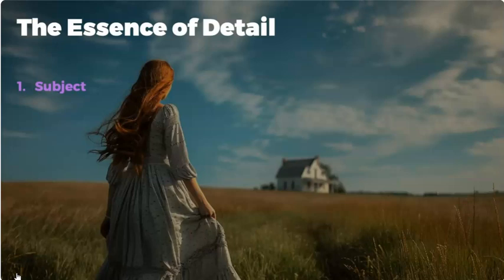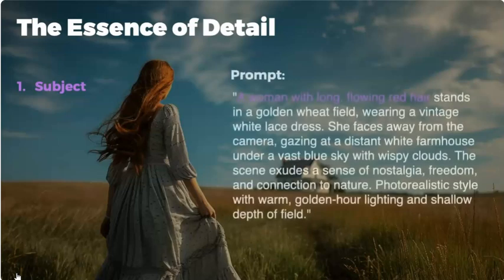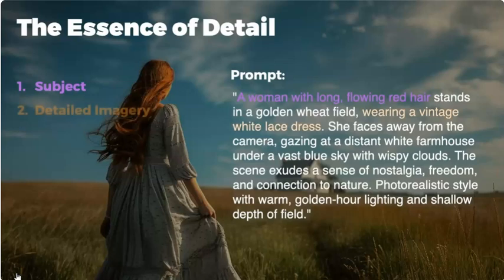And so what I'm going to do is I'm going to use the prompt that we have, and I'm going to show you how that actually affects each one of these pieces of the prompt. So our subject in this prompt is a woman with long flowing red hair. So that's my subject part of the prompt that we've already put there. Now, the second thing that you have to have in all of your prompts is you need to have detailed imagery.